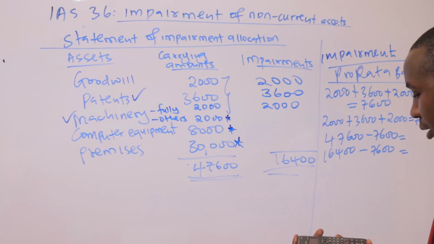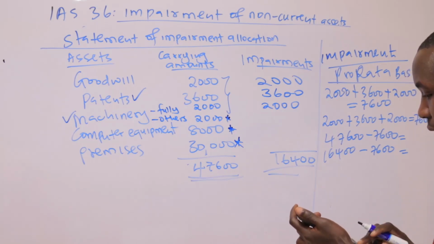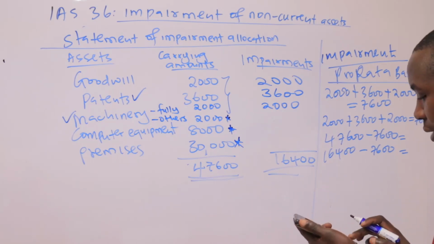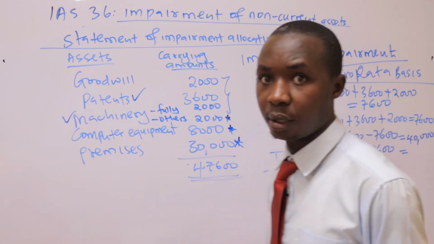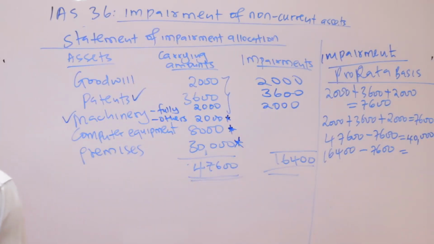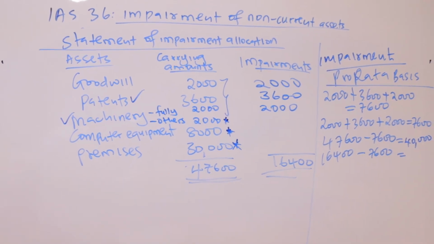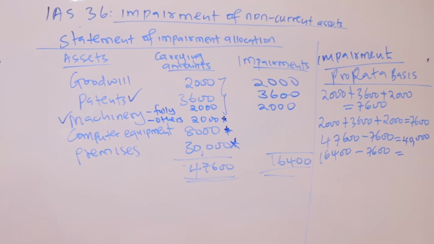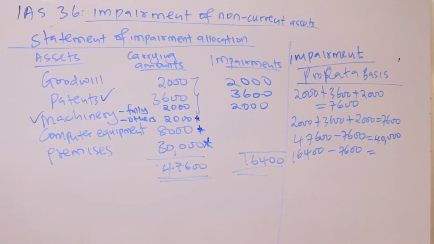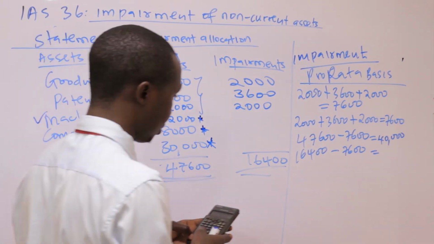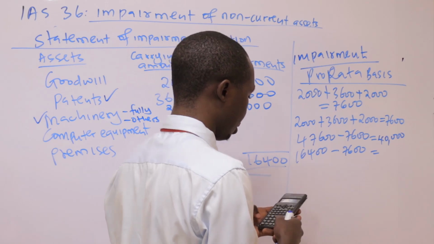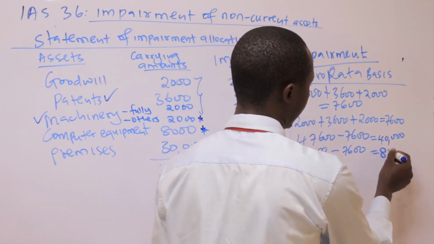So 47,600 minus 7,600 is 40,000. Then if you take 16,400 minus 7,600, you get 8,800.